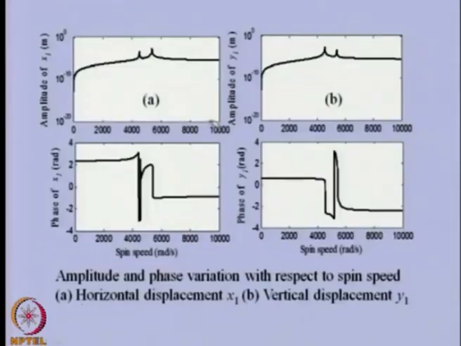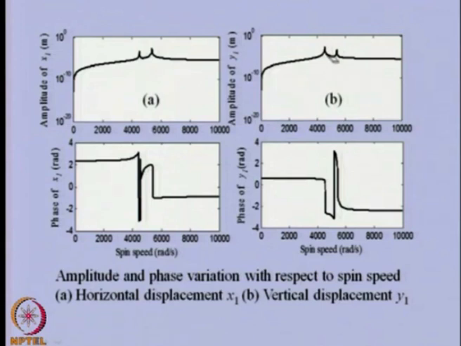This is the speed variation, and the amplitude of the displacement is taken here, and this is the phase of the displacement. These are the linear plots in the x direction and y direction. You can see we get 2 critical speeds here corresponding to the resonance, and there is a change in the phase also.